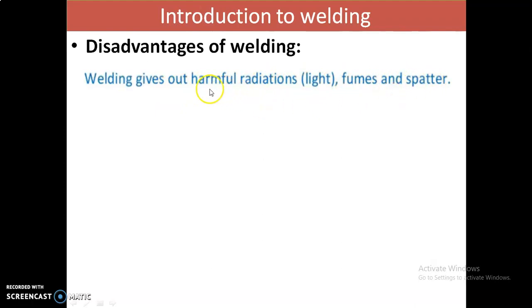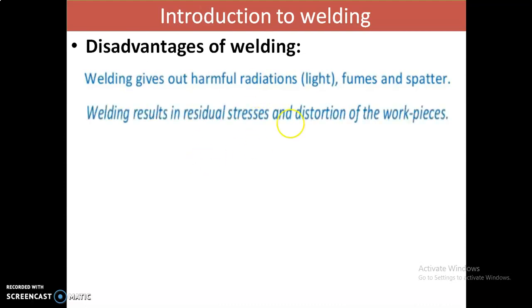This is one of the drawbacks in the welding process. The second disadvantage is that welding results in residual stress and distortion of the workpiece. This is a very vital drawback in the welding process.